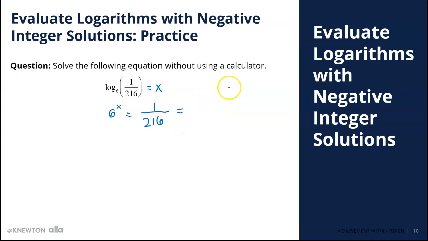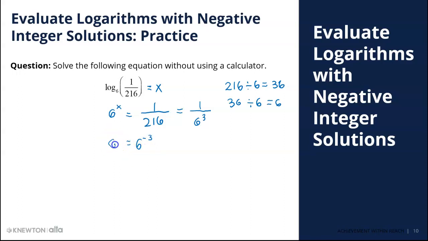To do that, we can start by dividing 216 by 6, and we know that to be equal to 36. Also, 36 divided by 6 is equal to 6. So you just keep on dividing by 6. From there, you see that you can write 216 as 6 cubed. And by laws of exponents, 1 over 6 cubed is also equal to 6 to the negative 3.